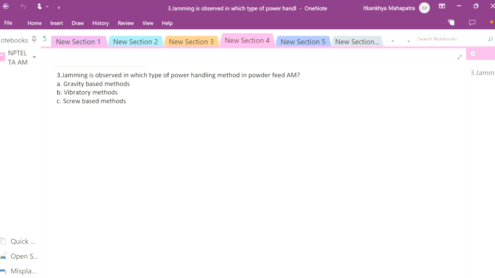Next, jamming is observed in which type of powder handling method in powder feed additive manufacturing? Because of jamming, gravity is used as a method of powder handling. So this is a gravity based method.